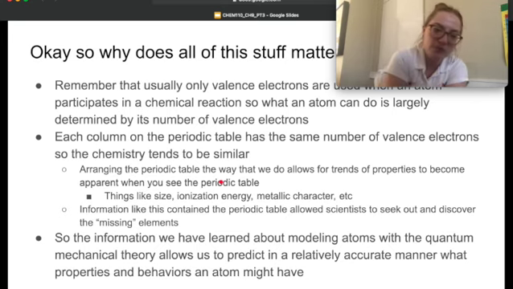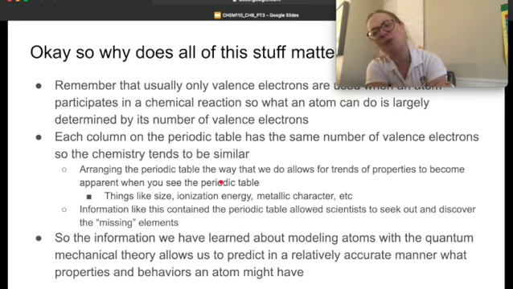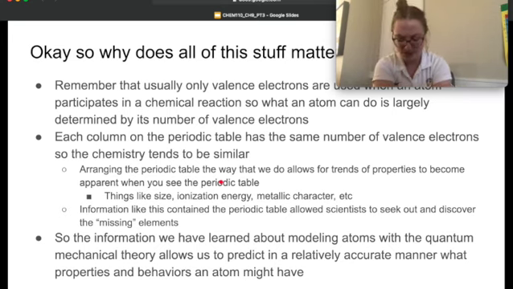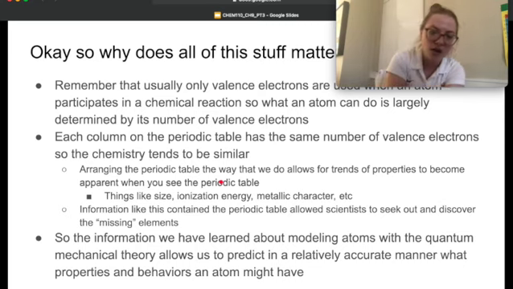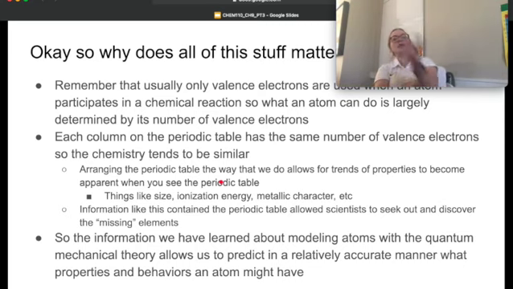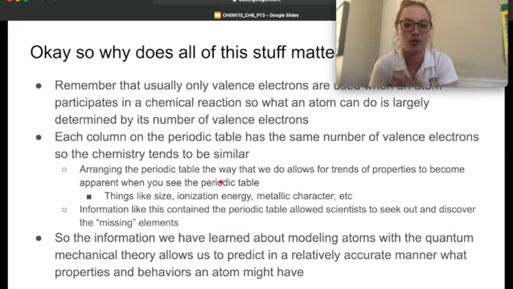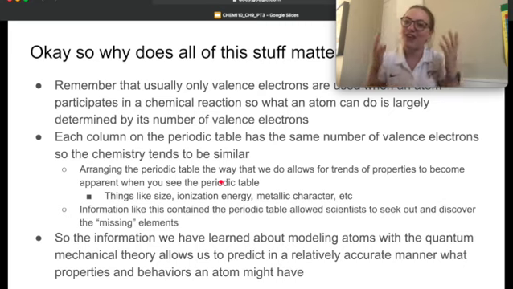So like I mentioned before, why in the world, Professor Thomas, do you keep telling me all this information? Why does it matter? Again, because that number of valence electrons and how they're positioned in these orbitals tells us about the kind of chemical reactions, the kind of chemistry they can do. And each column on the periodic table actually has the same number of valence electrons, and that's why their chemistry tends to be similar.